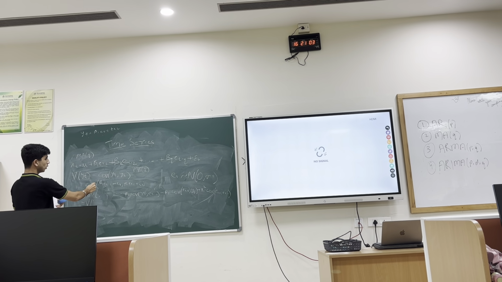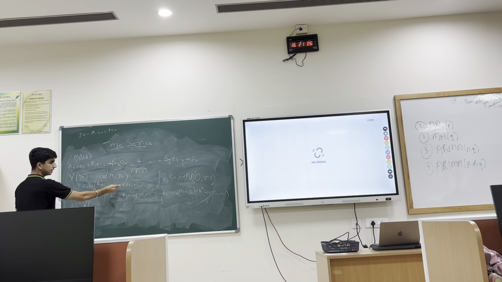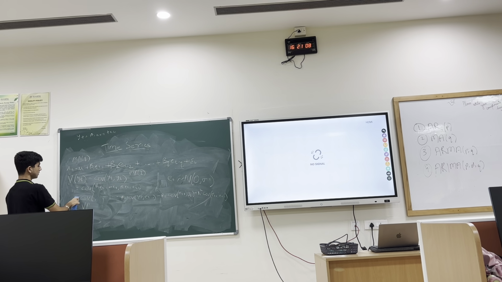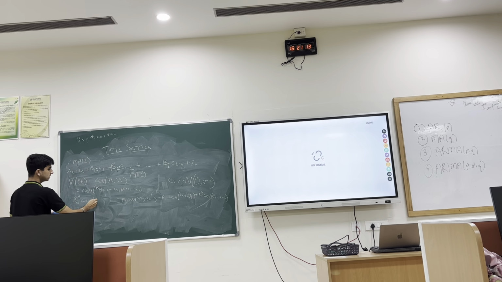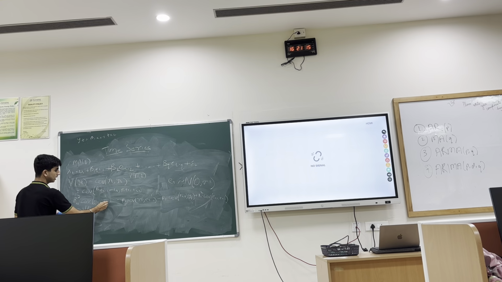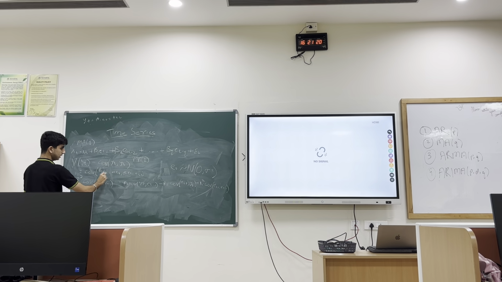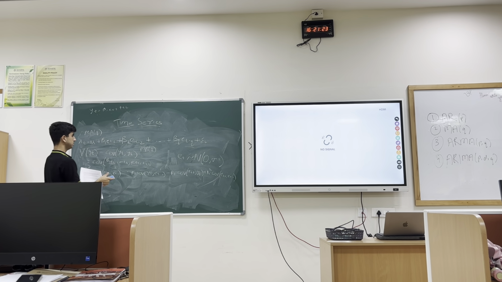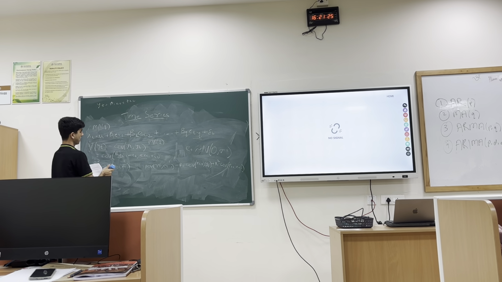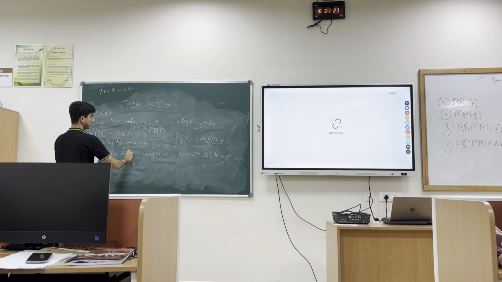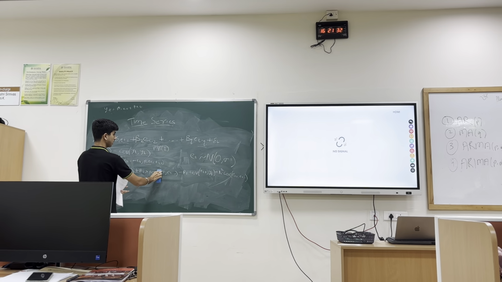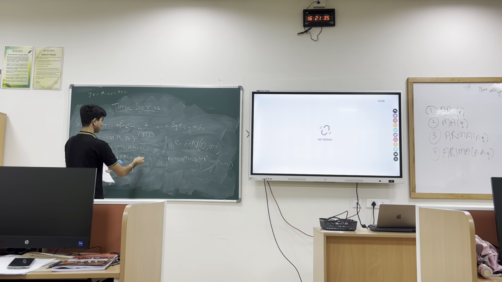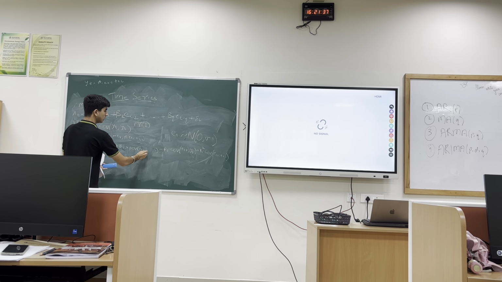So this becomes the covariance of beta 1 times et minus 1 with beta 1 times et minus 1. That is nothing but beta 1 square times the covariance of et minus 1 comma et minus 1. I took this and this, now I take this and this. So this becomes plus beta 1 times the covariance of et minus 1 comma et.